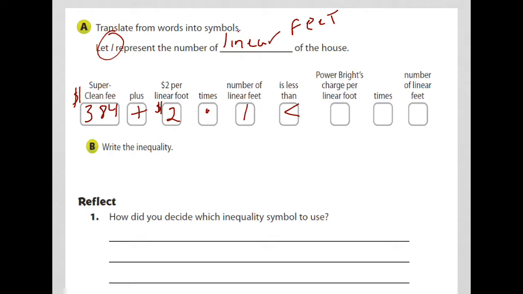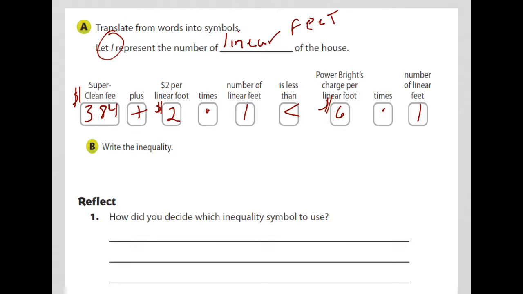Power Bright doesn't charge a fee, but charges $6. So $6 goes here. Times, again, our raised dot, and the linear feet. So now we have it translated from words to algebraic, and we just need now for B, it asks us to write the inequality.